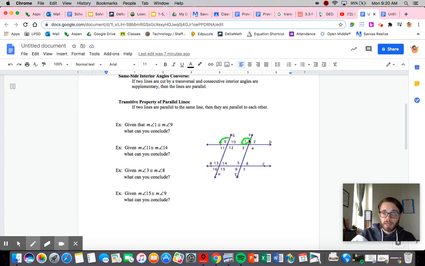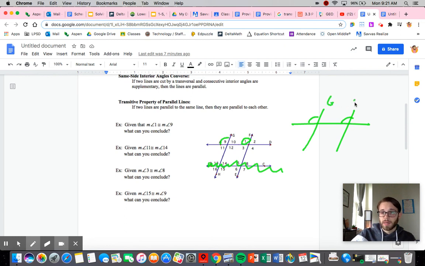So we're told that these two are congruent. Just looking at these two, if we kind of ignored this bottom part down here, right? Like if we just ignored this, we would essentially have a situation where this line is a transversal, and these two lines are cut by it.